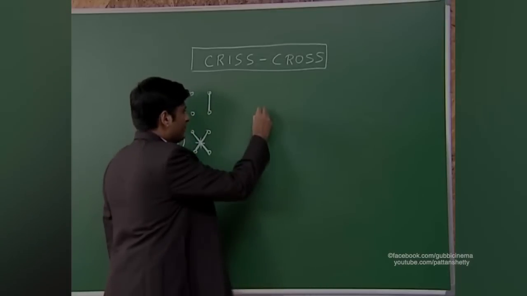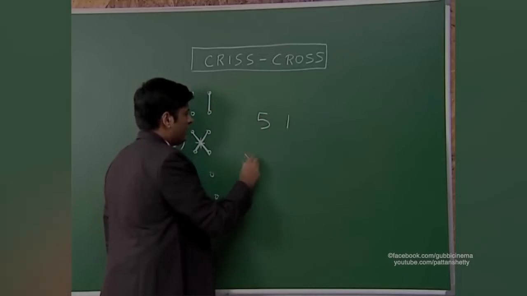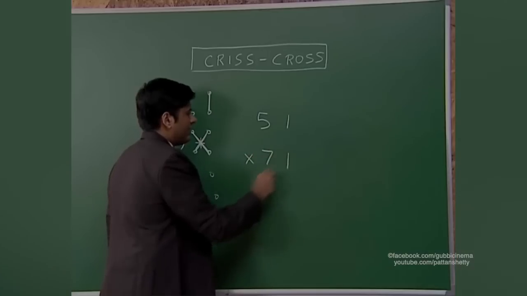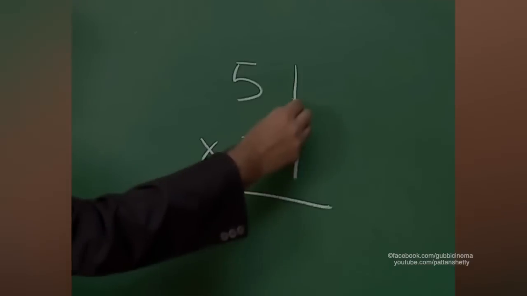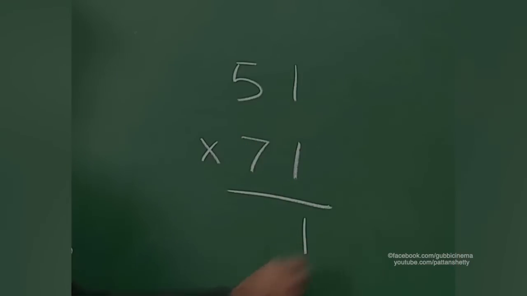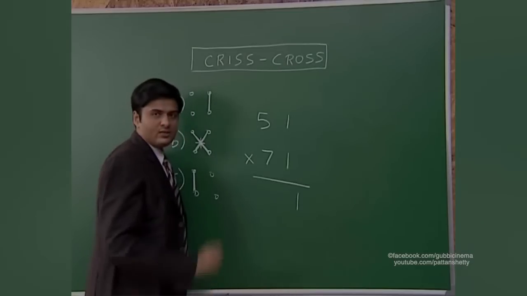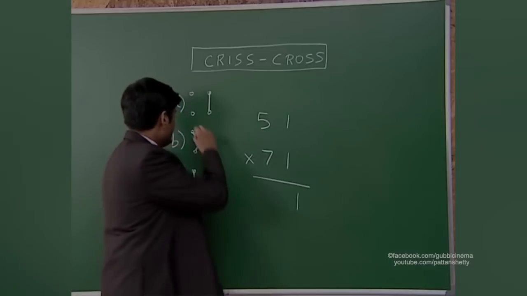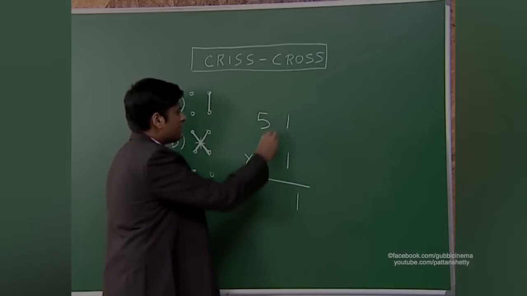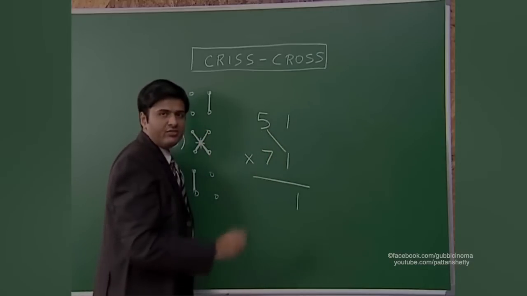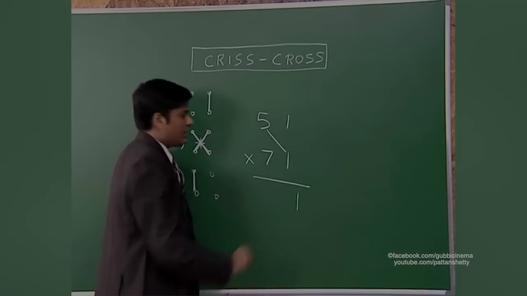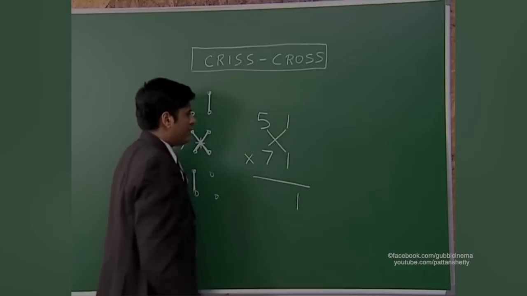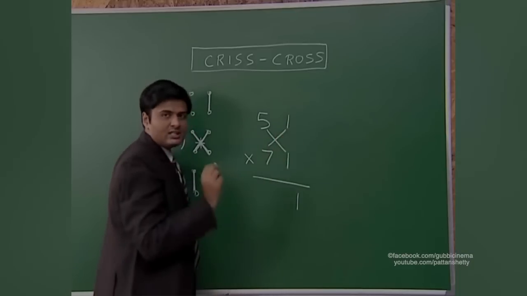Suppose I have to multiply, say, 51 times 71. First step says multiply these two numbers. So 1 times 1 is 1. Second step says we'll cross multiply and add. So multiply these two numbers. 5 times 1 is 5. I keep 5 in my mind. Multiply these two numbers. 7 times 1 is 7. 5 plus 7 is 12.